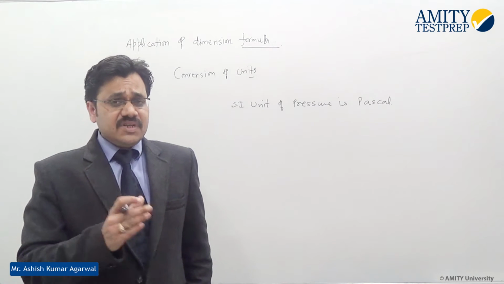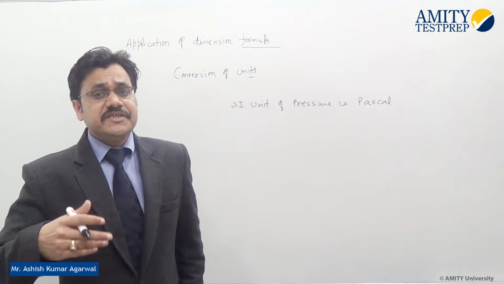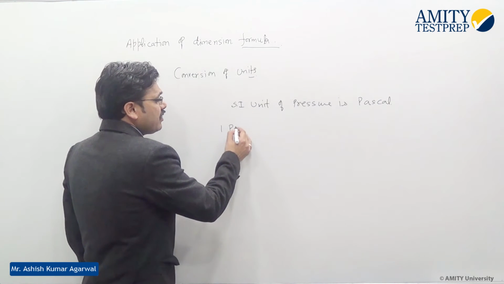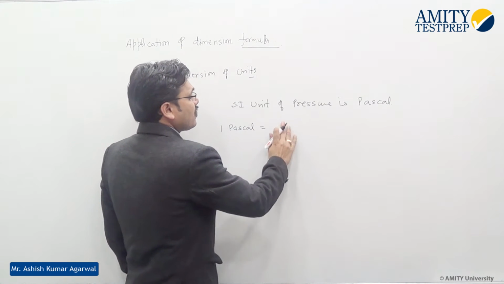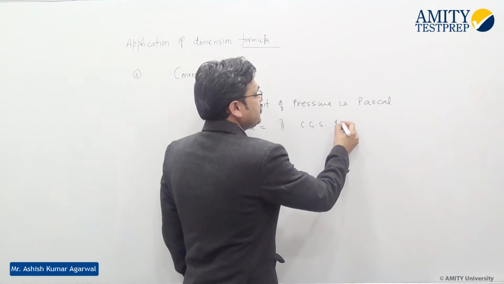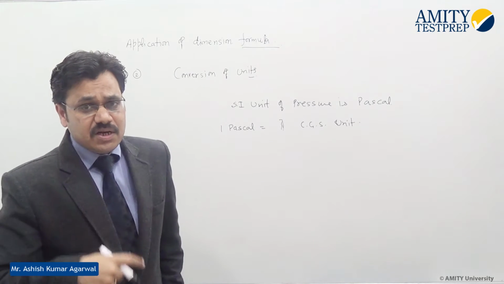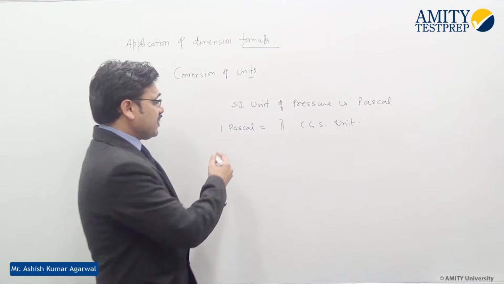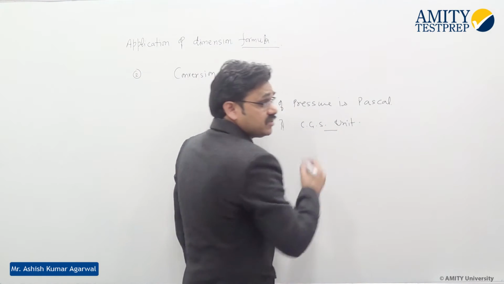Suppose in the CGS system the unit of pressure is 1 CGS unit. We have to find out how many CGS units 1 Pascal is, because I am considering two systems here, one is the SI system and another one is the CGS system.